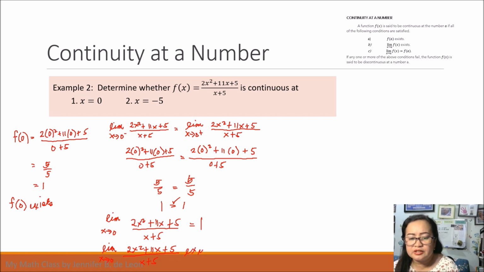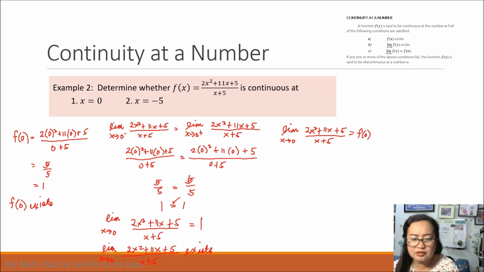this limit exists. Now let's take a look at condition number 3. We show that the limit of 2x squared plus 11x plus 5 all over x plus 5 as x approaches 0 is equal to f of 0.